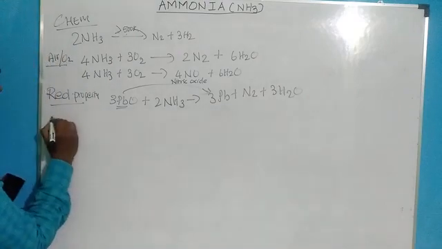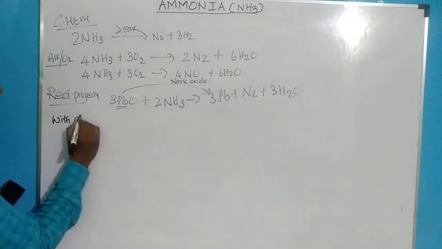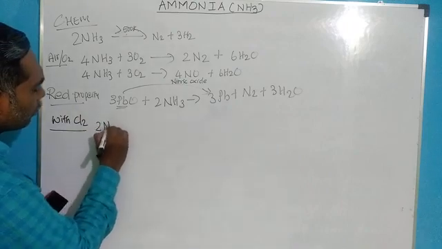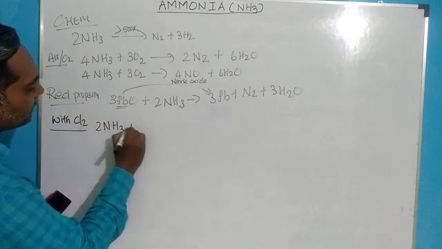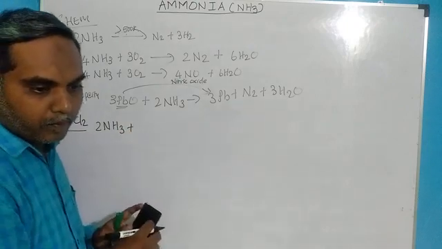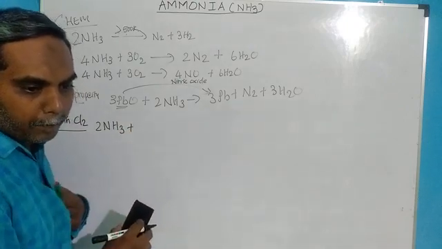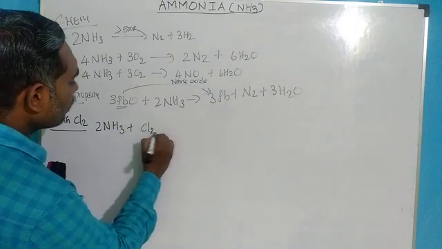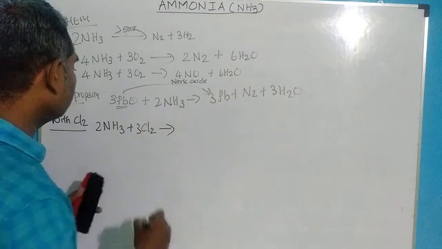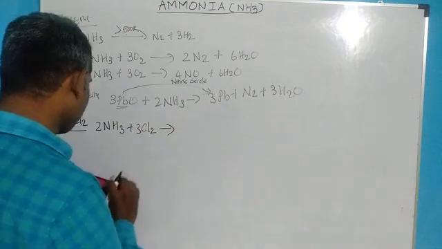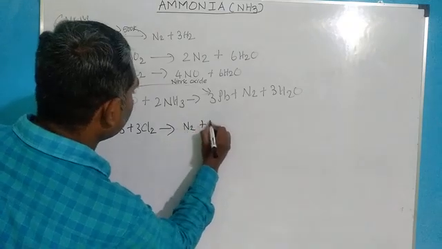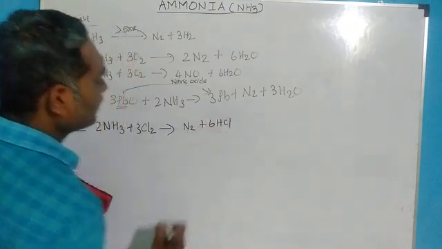Then with chlorine, 2NH3 plus 3Cl2 we will get N2 plus 6HCl.